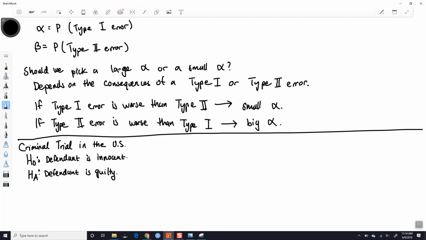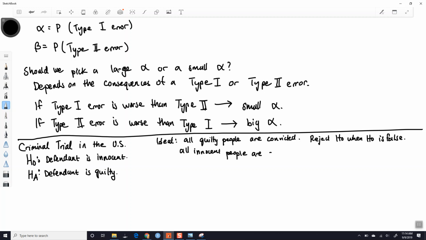Okay. All right, so the ideal scenario is all guilty people are convicted. So that means we reject the null when the null is false. And all innocent people are acquitted.